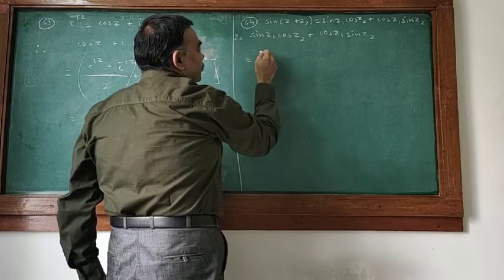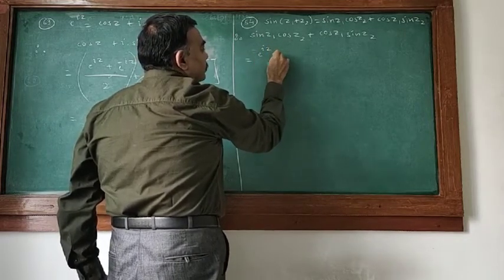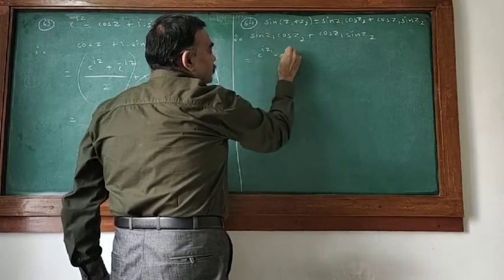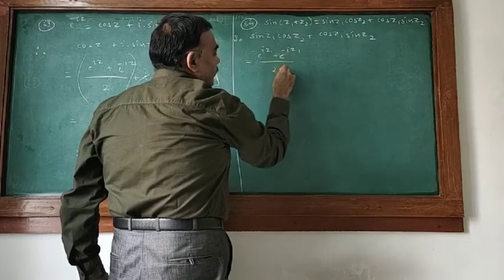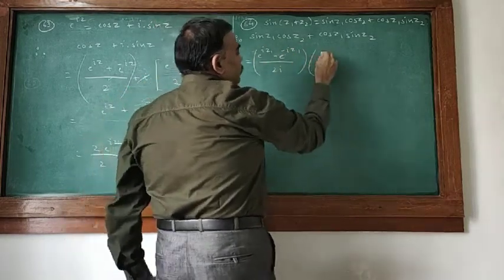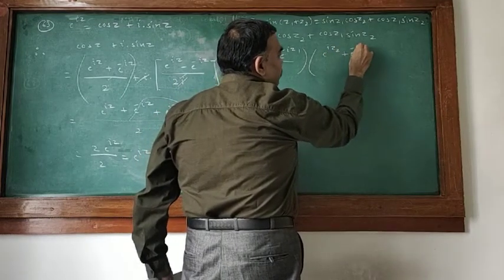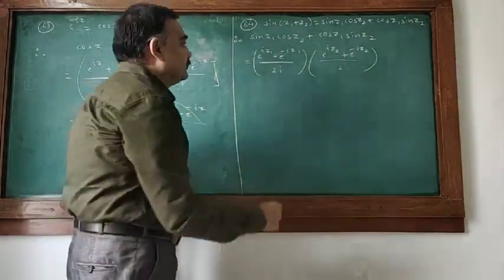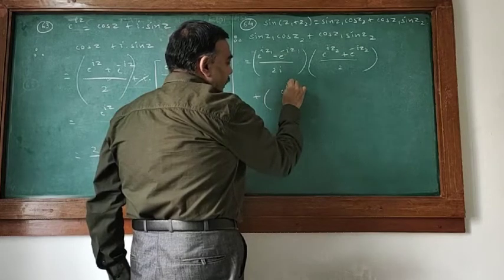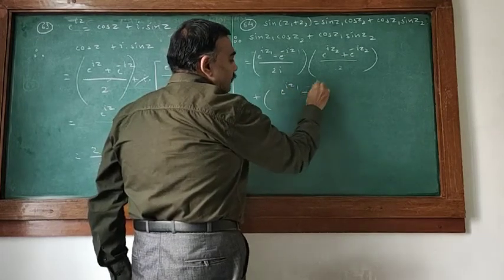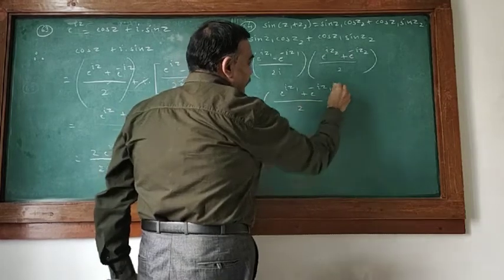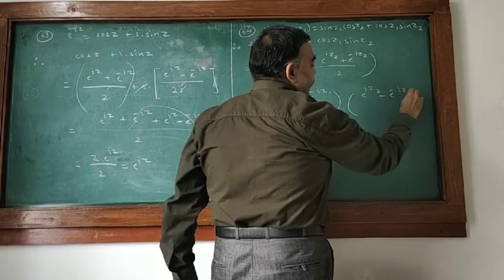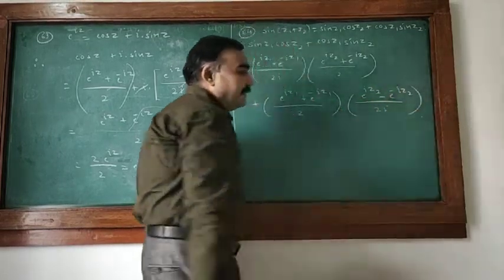So we start with the definition. Sin z1 is e raised to iz1 minus e raised to minus iz1 divided by 2i, times e raised to iz2 plus e raised to minus iz2 divided by 2, which is the definition of cos z2, plus e raised to iz1 plus e raised to minus iz1 divided by 2, times e raised to iz2 minus e raised to minus iz2 divided by 2i.